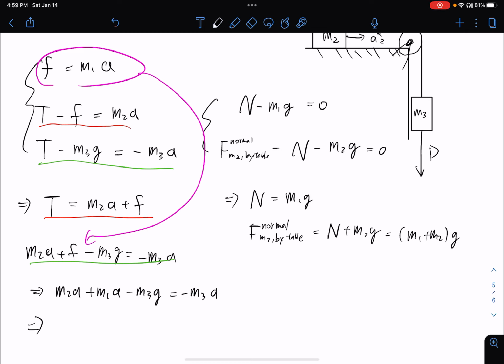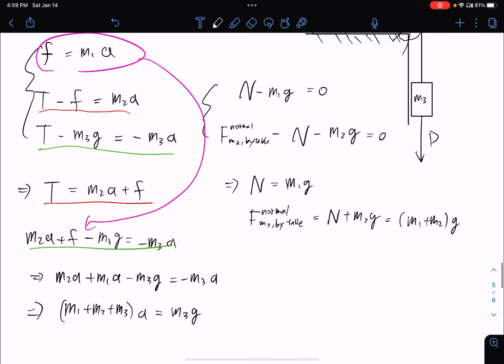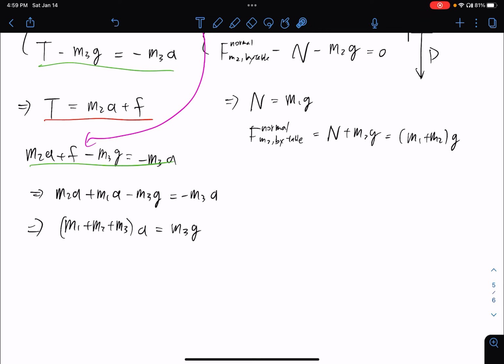Combine all the terms with a, here, here, and here. We get that the sum of all their masses times the acceleration equals the weight, or the gravity force, acting on the third block. This tells us the acceleration is just the weight on the third block divided by the total weight of the system. And this is a constant.